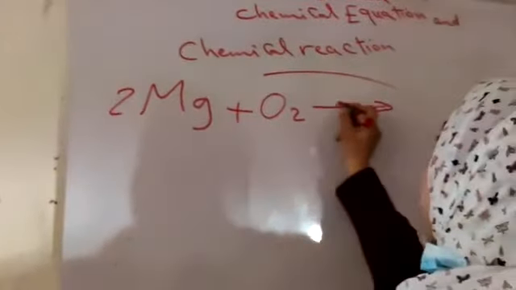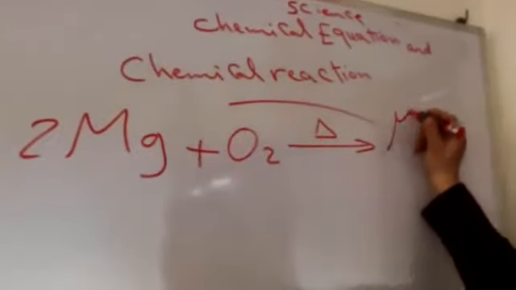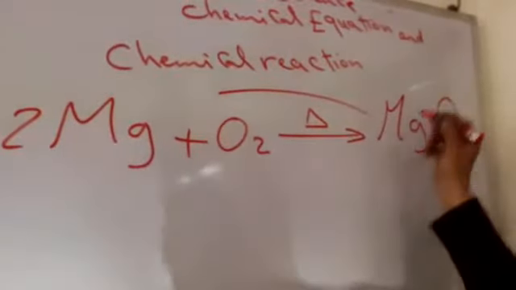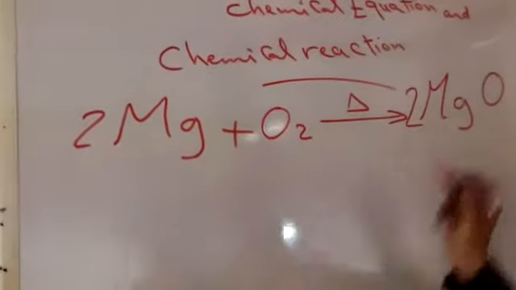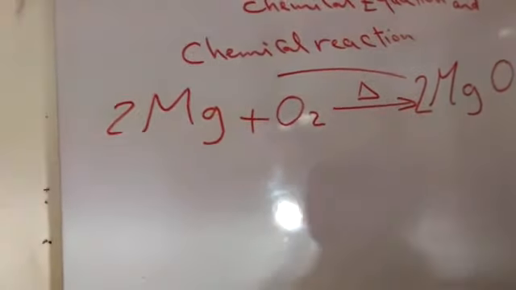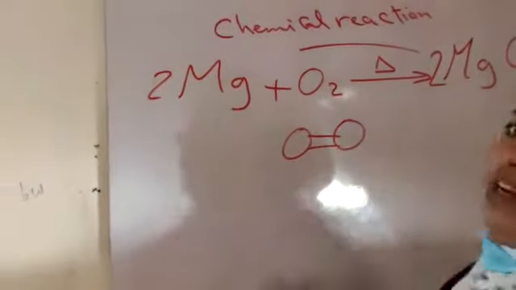2Mg reacts with a molecule of oxygen, and by heat energy it will form a new bond, MgO, magnesium oxide. But there are two molecules of magnesium oxide. The bond between oxygen atoms is a double covalent bond.